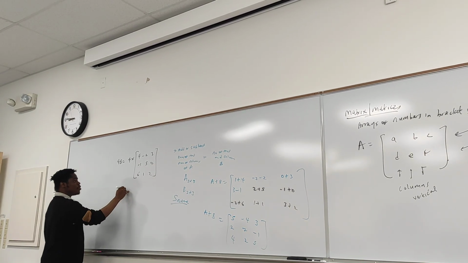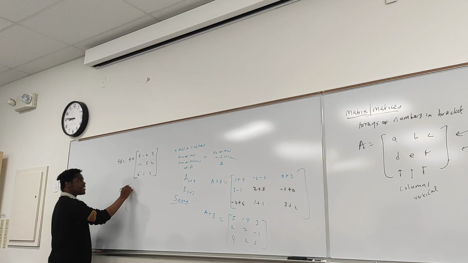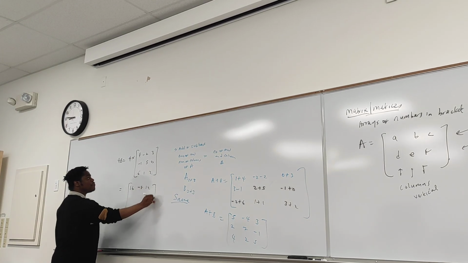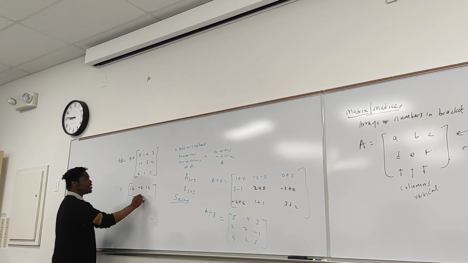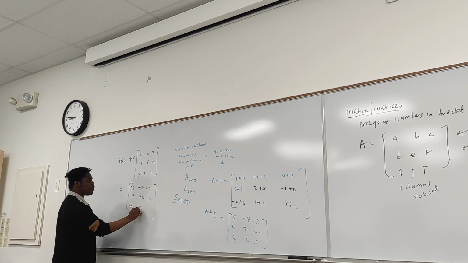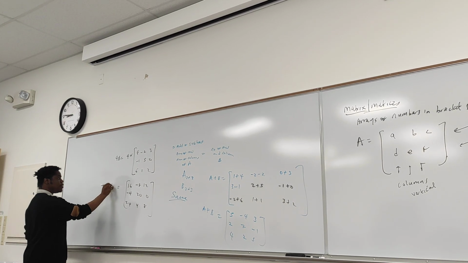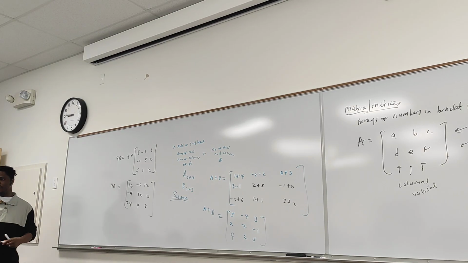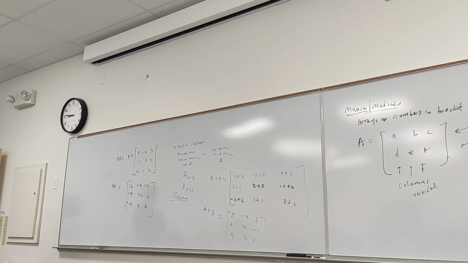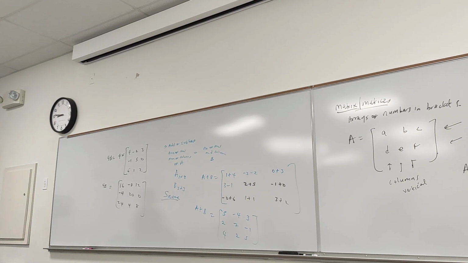So 4B is going to be 16, minus 8, 12, minus 4, 20, 0, 24, 4, 8. So you have your 4B now. Then you can do A minus 4B. I want you to try that yourself. You can try that and tell me what the answer is.